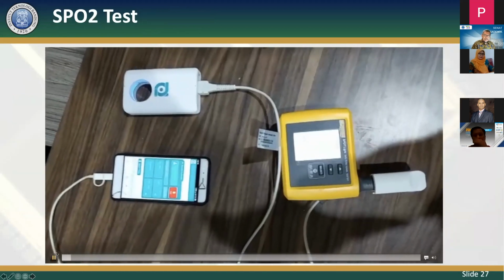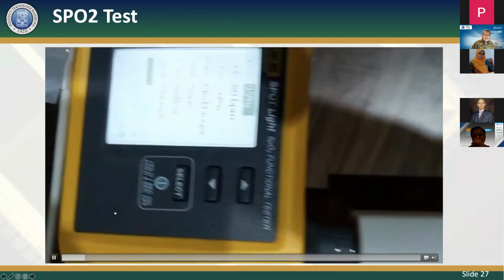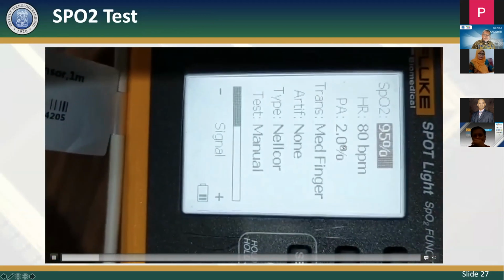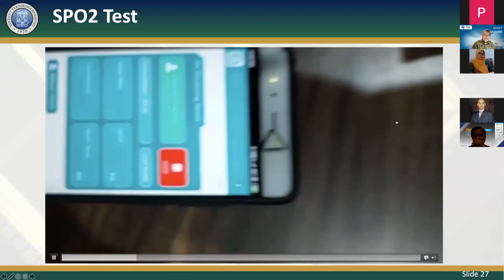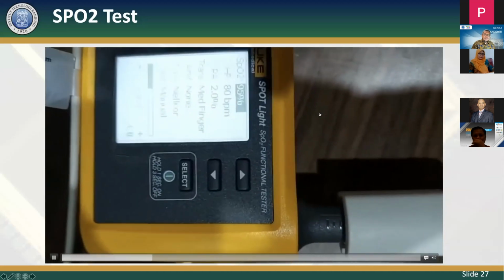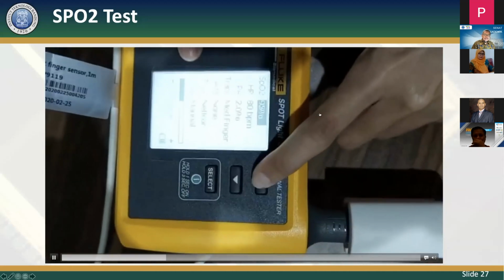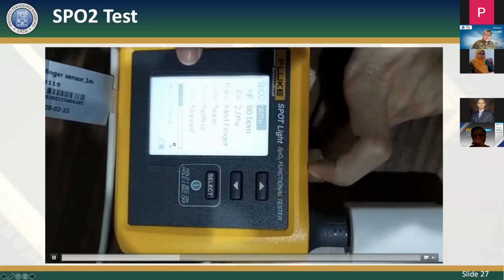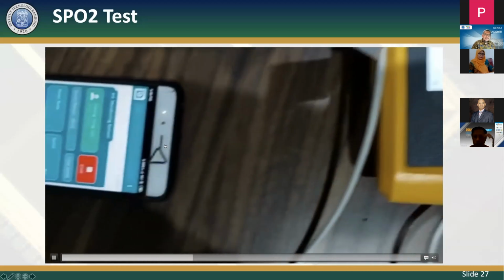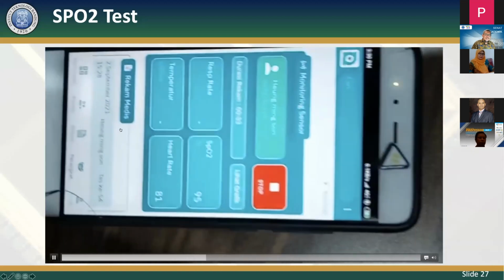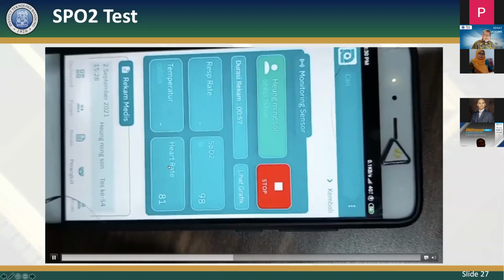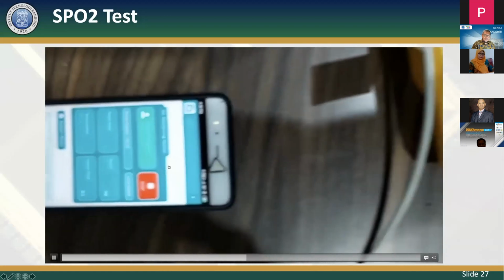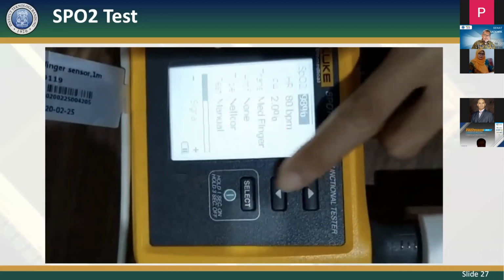So we calibrate and check the quality of the heart rate, and also the oxygen saturation using standard device like this, in order to make sure that our design is proper for this. You can see that saturation shown here and heart rate is almost similar. We do bring comparison.